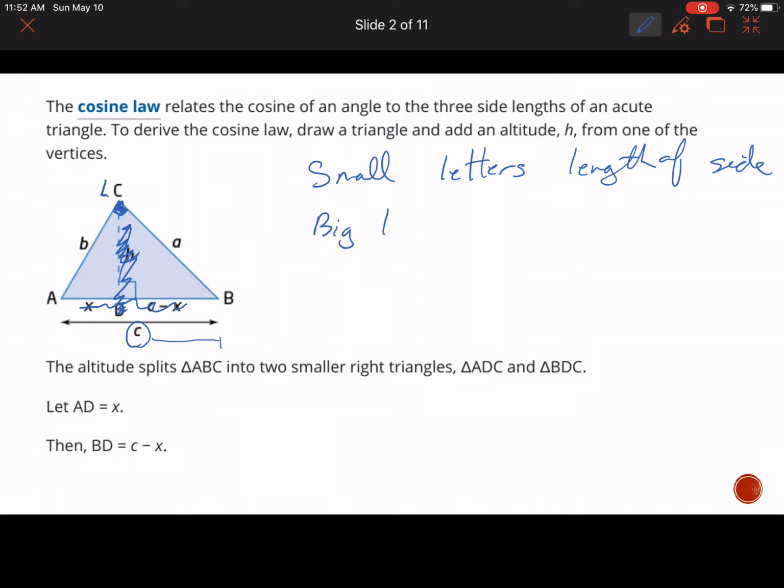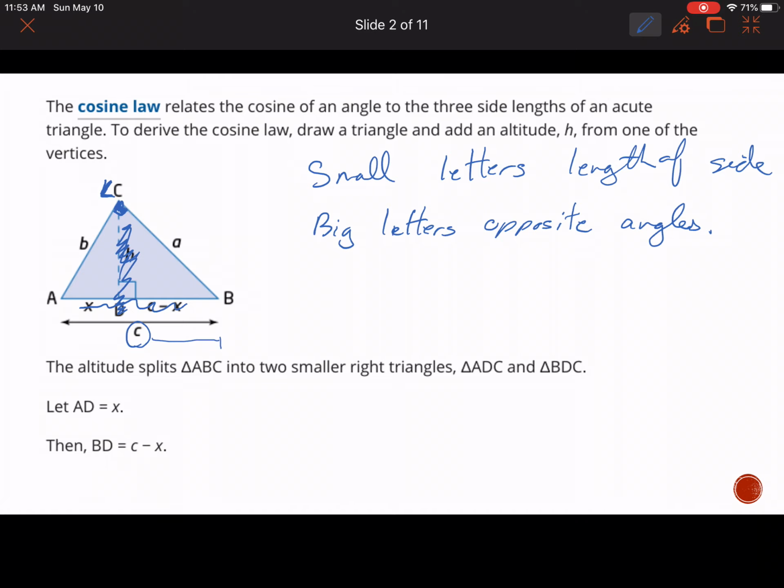Capital letters or big letters are the opposite angles. So we definitely have to know how we're being labeled. This is an angle symbol, not an L. So you definitely need to know how they're being angled for any of this to make sense.